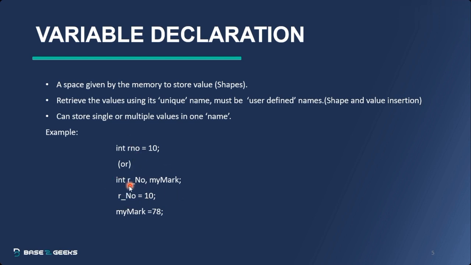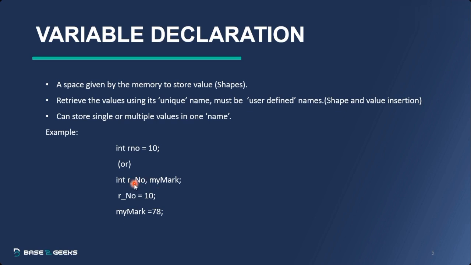Next you see we have used two variable names, roll number and my mark. Friends, like this only you have to declare the variable names in the C programming language. An underscore is one way of representing the variable, or without this also I can declare my variable name.